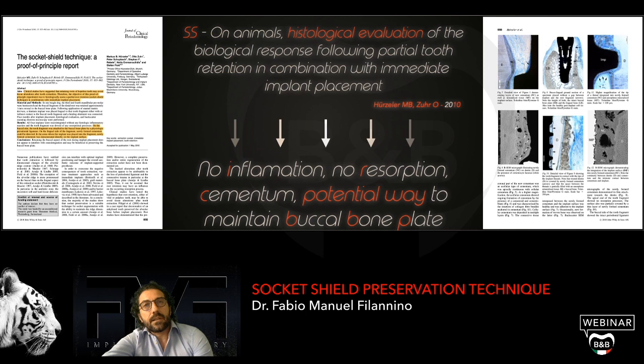And in this article, the height of the shield was 1 millimeter above the crest, and this is also something that has changed in the last years. Now the guidelines are to trim the shield until the bone level. We'll see this information better later.